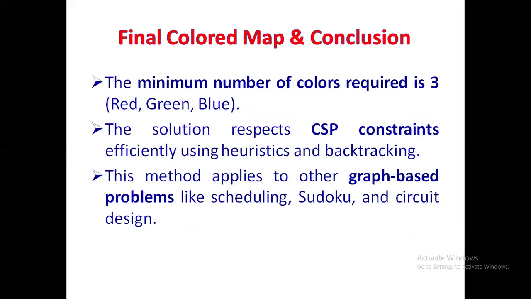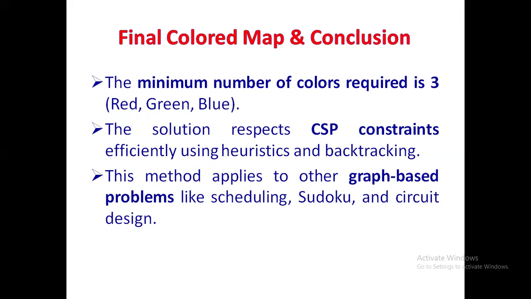So coming to the conclusion, the final outcome and observation: the minimum number of colors required to color the Australia map while ensuring that no two adjacent states share the same color is three: red, green and blue.